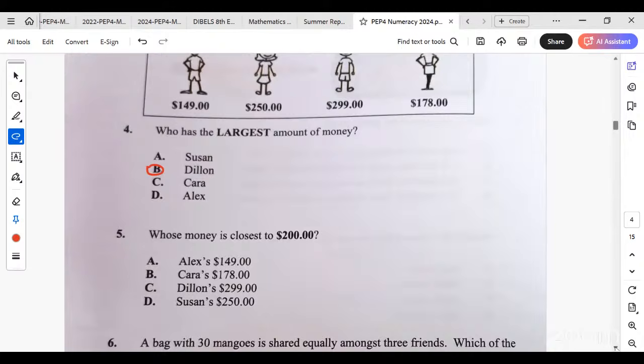The correct answer is B, 178. If we find the difference between 200 and each of these, you'd see that the smallest difference would be that of 200 and Kara's amount of 178. That gives us the smallest difference, so it is closest to 200.